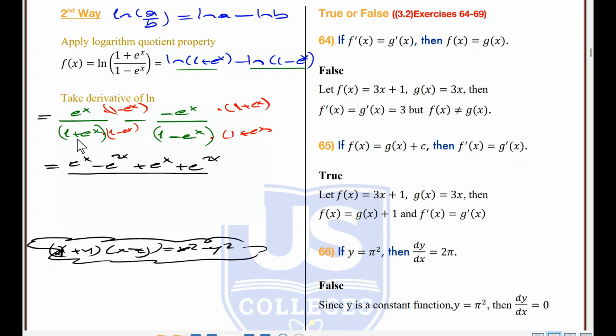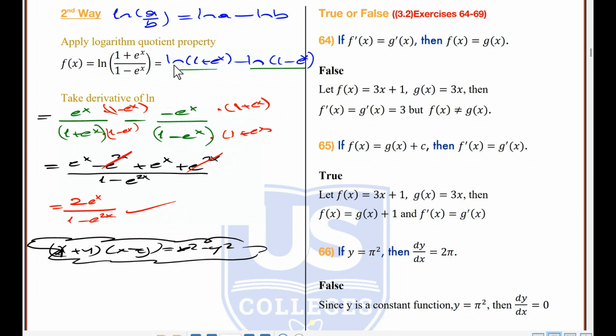It's the square of the first one, 1 squared, minus the square of the second one, e to the x squared, e to the 2x. Okay, now negative e to the 2x and positive e to the 2x will cancel each other. At the top, I am left with 2 e to the x. At the bottom, I have 1 minus e to the 2x. That's the answer. All right.